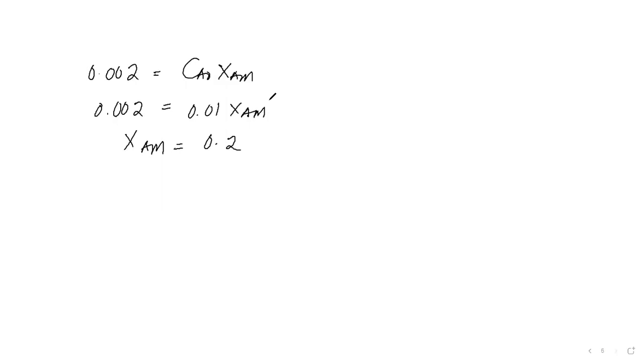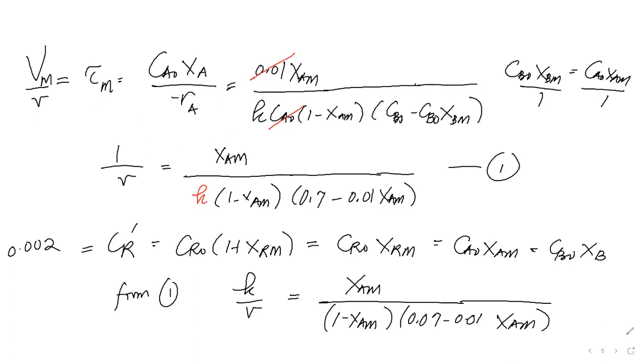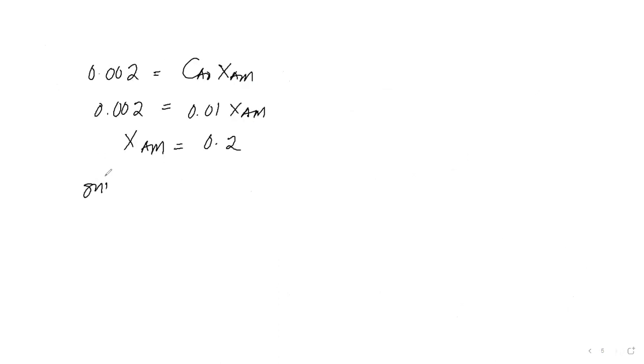And with that, we can go back to the equation that we left here. Let's say this is equation 2. So I'll just write here, substitute XAM equal to 0.222.